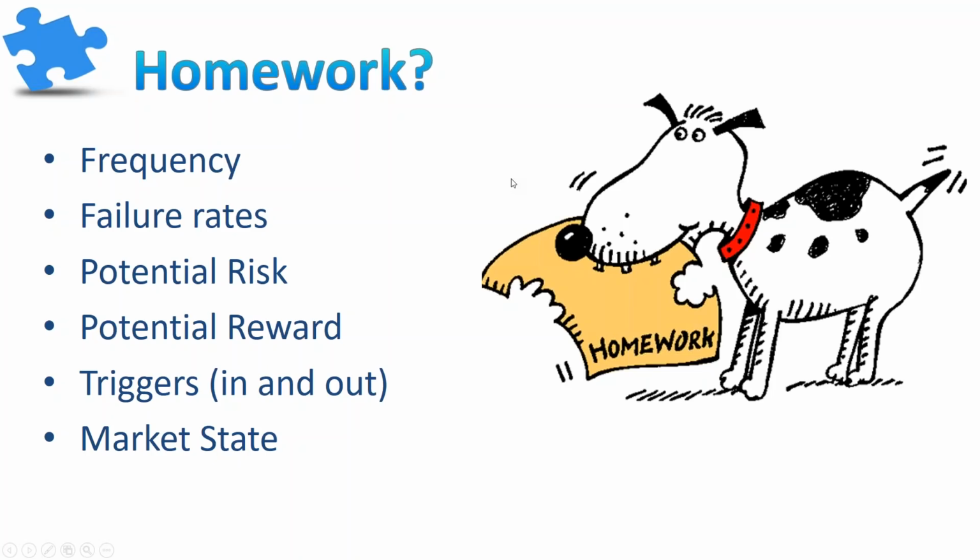There's an argument for saying you'd be better off looking at a market that I don't show you today, right? Because everybody else is looking at that one. But the key factors or the differentiators between the different markets are going to be how frequently this occurs, in terms of time of day, number of times per day, number of times per hour, how often you get false signals, and of course what the tells are for a false signal, the amount you need to risk on that specific market, what your typical reward will be, the key triggers for the trade, and what market state they work best in.